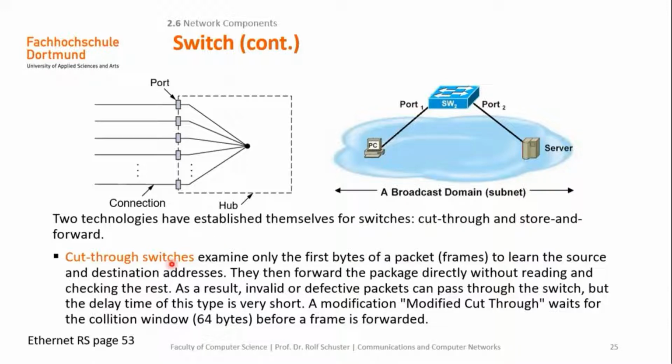Then cut-through switches examine only the first bytes of the frame to learn the source and destination addresses, and then based on that information, the switch forwards the frame over the destination port, but in fact the delay is only about 64 bytes, in order to avoid collisions.